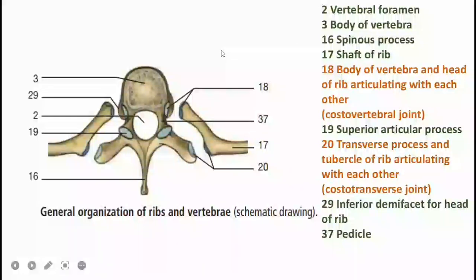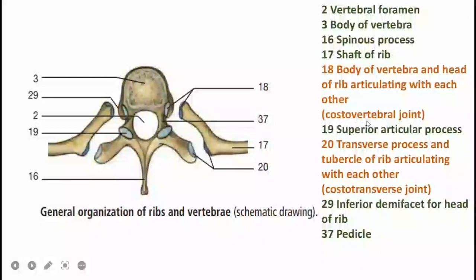Then we also have the general organization of ribs and vertebrae. This is a schematic drawing. The spinous process projects posteriorly at this level. We have the vertebral foramen and the vertebral body, which is right here. Then the part labeled 18 in this case, we have the body of the vertebra and head of rib articulating with each other at this level. 37 is the pedicle, 20 is the transverse process and tubercle of rib articulating with each other at the costotransverse joint.